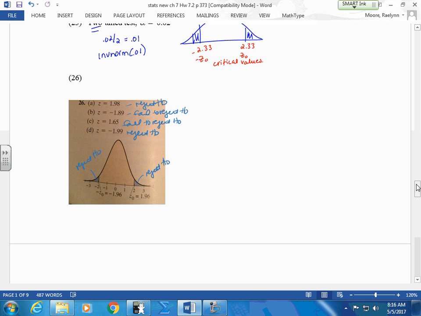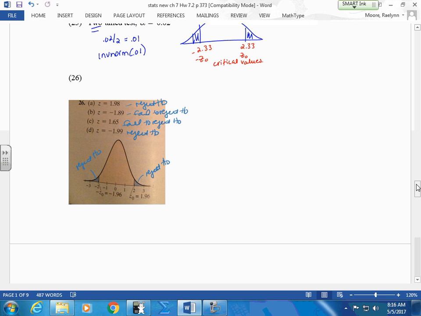A Z-score of 1.98 falls to the right, so it falls in your shaded area. You can see how small that area is. We don't want to allow anything that's that small or smaller. That's what we test for, because that's very unusual. A -2, +2, -3, +3, they're very unusual. So we want to reject H0 when that happens.